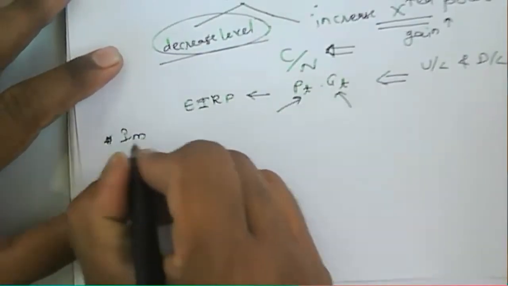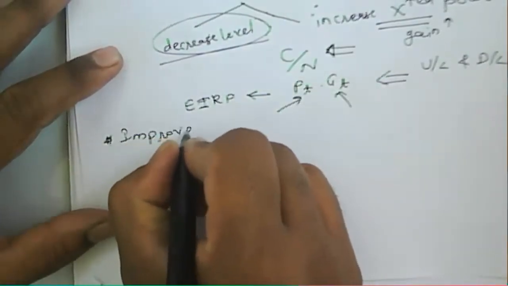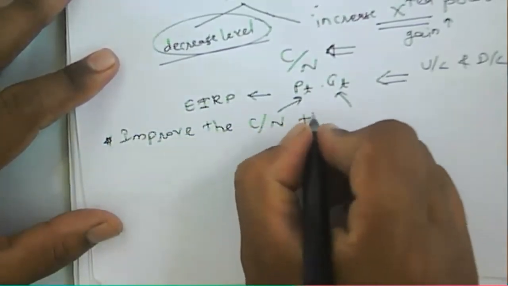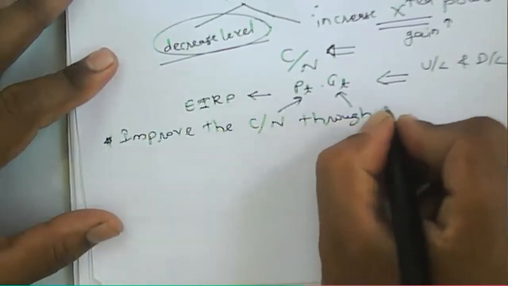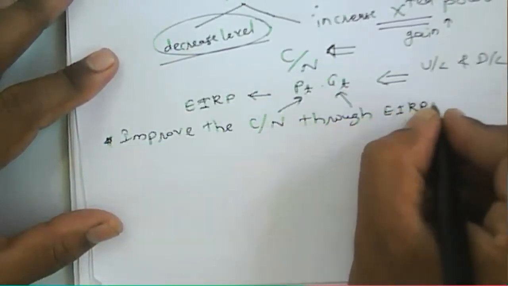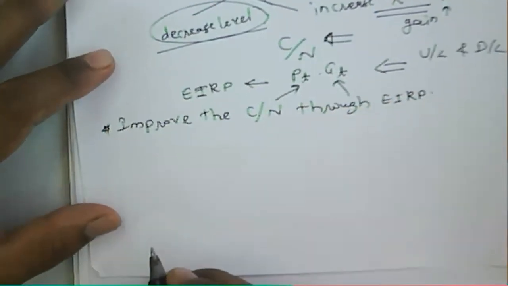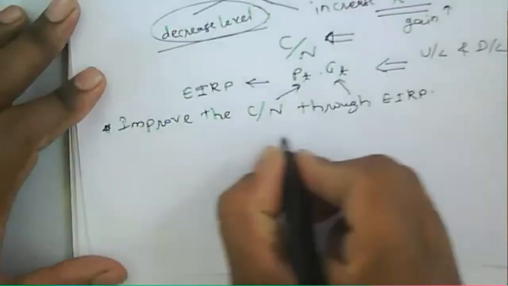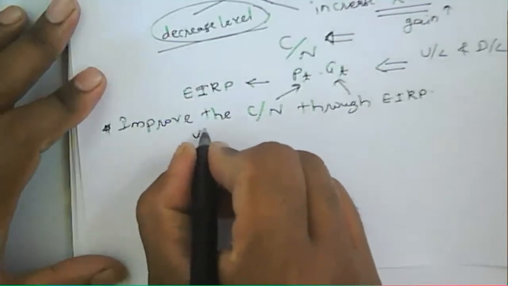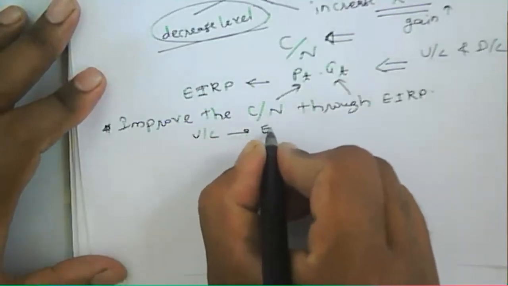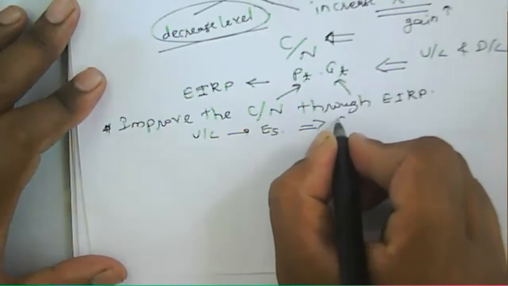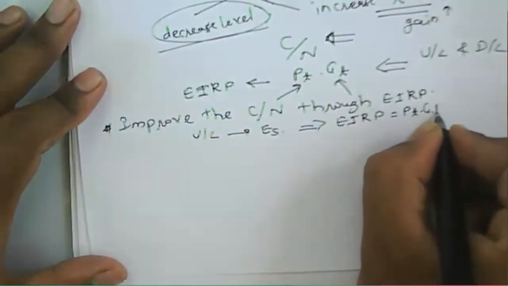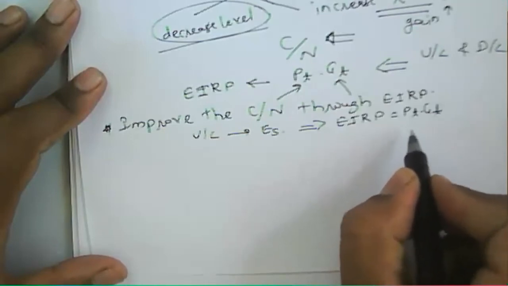We have the scope here to improve the C by N ratio through EIRP. That EIRP can be increased for the uplink. Uplink means at the earth station. Whatever the EIRP we have, it is equal to PT into GT. We can increase the transmitting power and we can increase the gain.